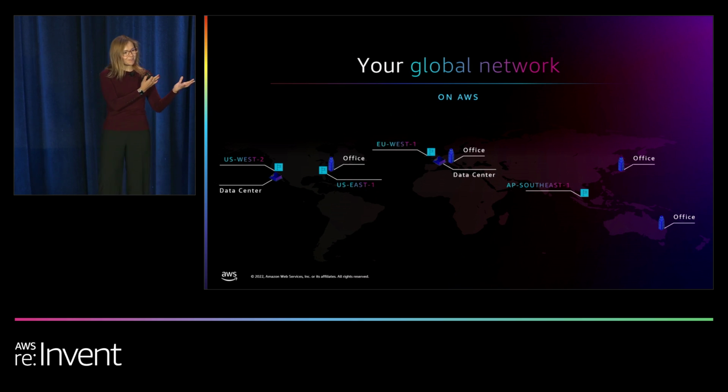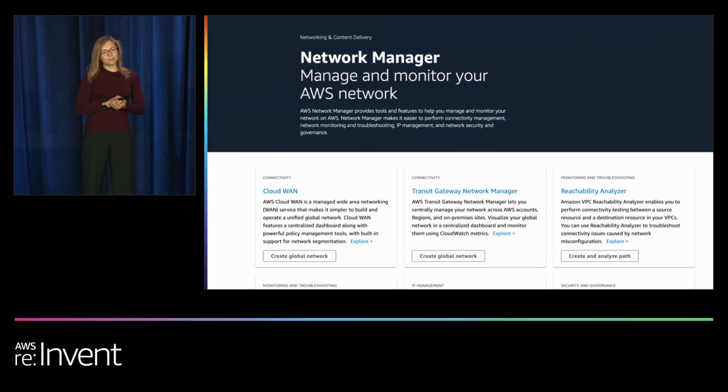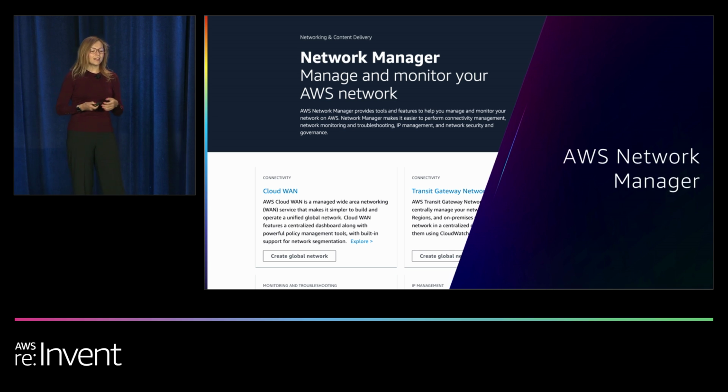Starting from our global network, right, with a lot of AWS regions and data centers and remote offices, it seems fairly complex to manage everything and to have observability into everything. Well, AWS Network Manager now has a new face. It brings together everything that means network operations in one place, right?